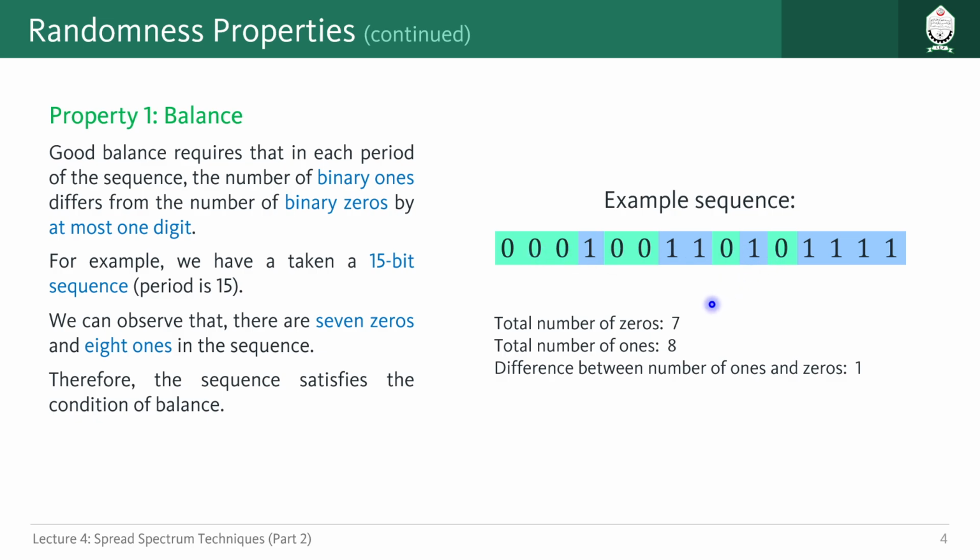So we have 7 binary zeros, and for ones, 1, 2, 3, 4, 5, 6, 7, 8, we have 8 binary ones. So the number of ones differs from the number of zeros by 1. So our sequence fulfills the balance property.